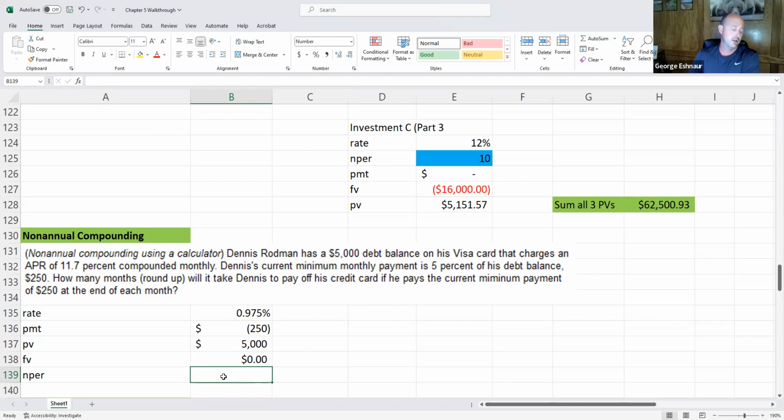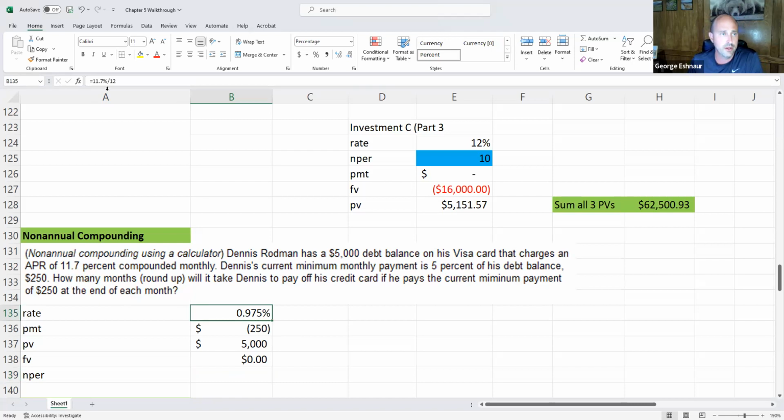Sure, it says so on your credit card statement, but it may be better to understand whether it's APR or EAR, so that you fully understand the totality of what the interest is doing to your account. Because 11.7% APR on this Visa card, and I think right now they're running like 25%, is a pretty heavy burden to bear in terms of interest payments.